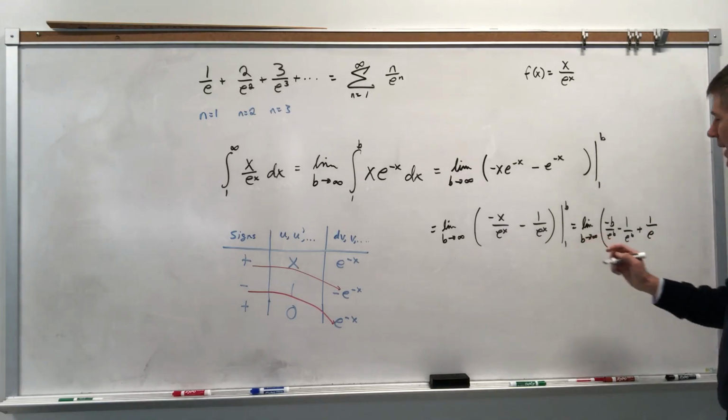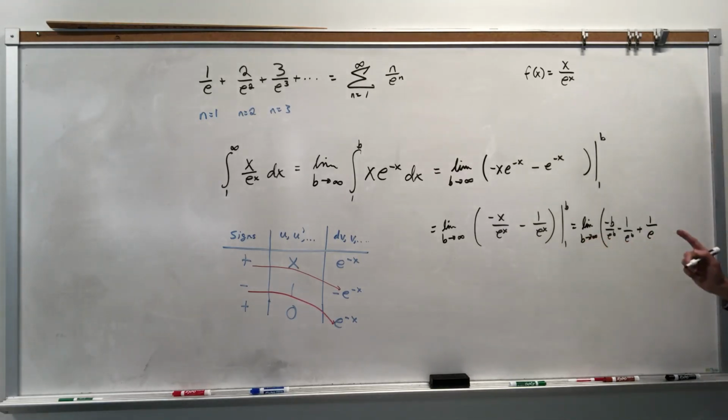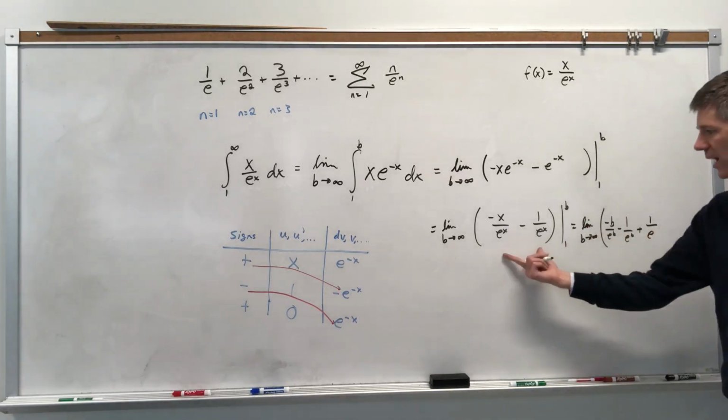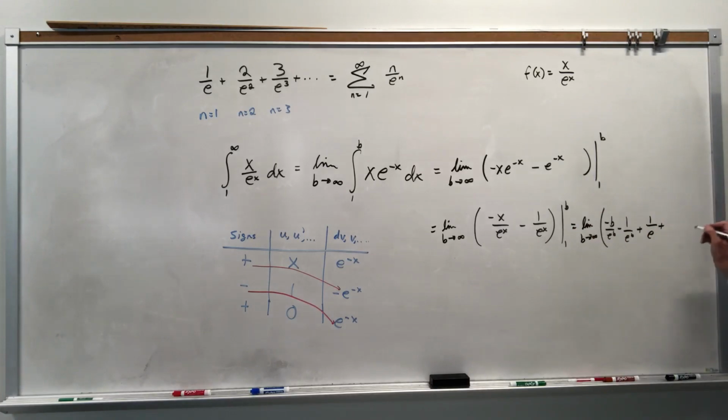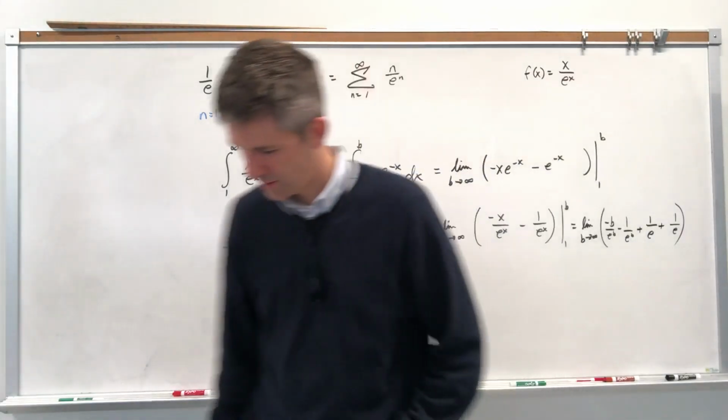It's going to be confusing. I would subtract, but I am subtracting this entire thing, so it's plus again, 1 over e. Yep, am I right? Yeah, I'm right.